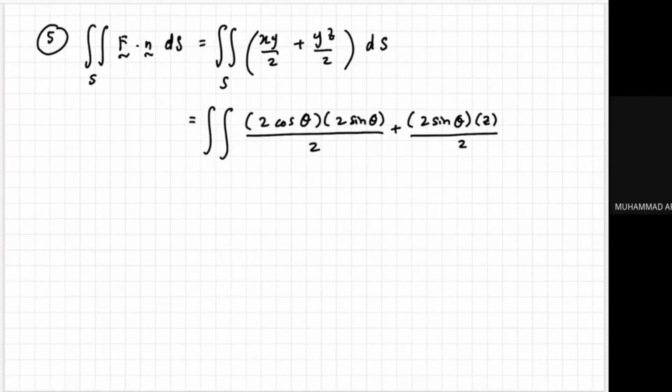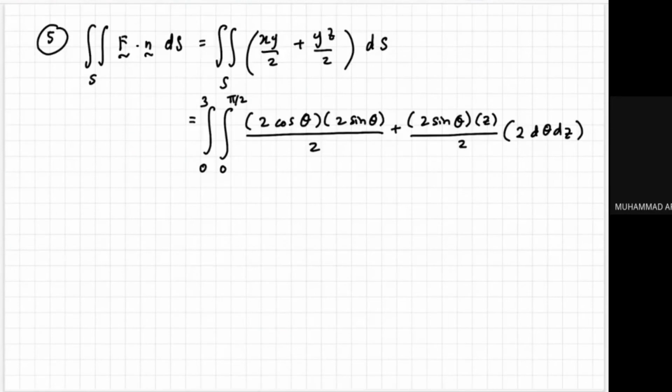And your ds will be 2 d theta dz, with theta from 0 to pi over 2 and z from 0 to 3.